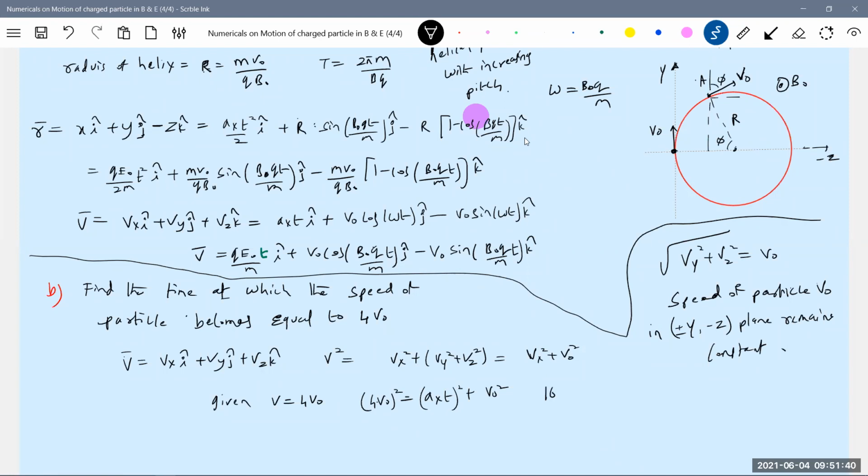So this will become 16v0 equal to q e0 by m, this is t. 15v0 square equal to q e0 t square. So t will become mv0 by q e0 under root 15.